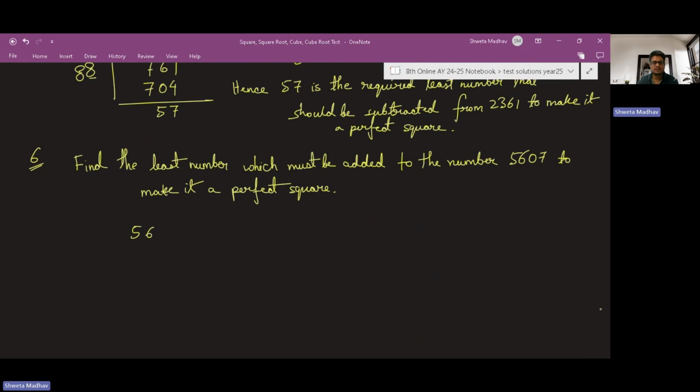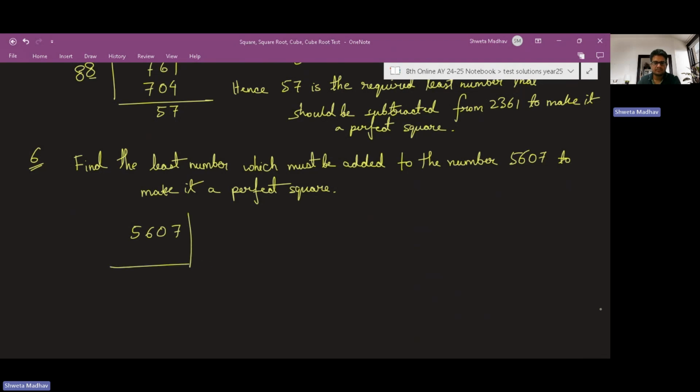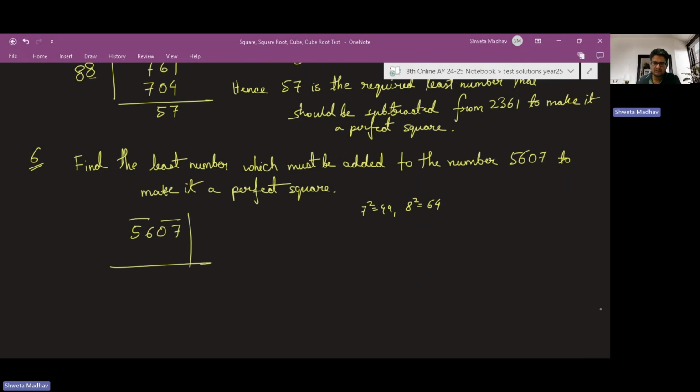To apply the long division method to find the square root of 5607, we take pairs from the rightmost end, and then find a number whose square is close to 56. 7 square is 49 and 8 square is 64. So we take 7, since 7 square is 49.